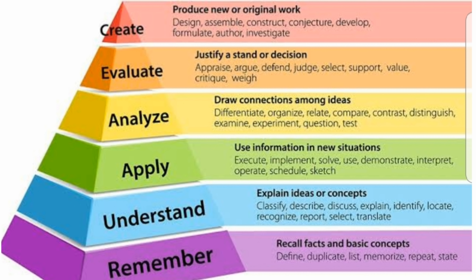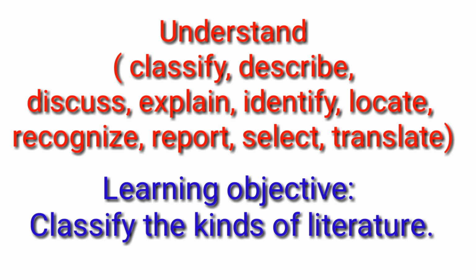So, the next objective is understand. Sa tapat ng understand, nandun yung classify, describe, discuss, explain, identify, locate, recognize, report, select, and translate. Mamimili po doon, ano? Kahit alin doon, pwede nyong gamitin. Kapag nare-remember na ng mga bata kung ano yung kinds of literature, they need to understand what are those kinds.